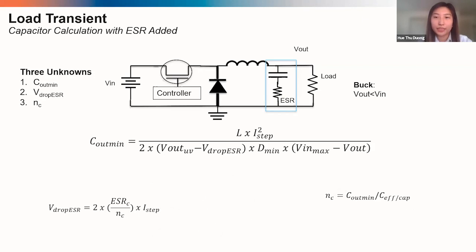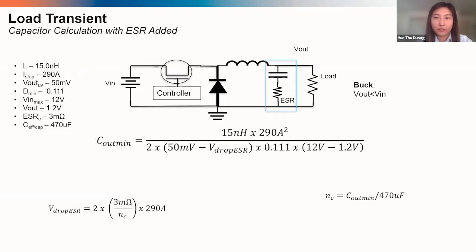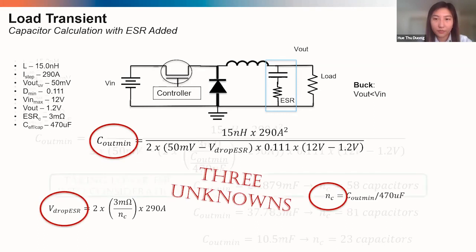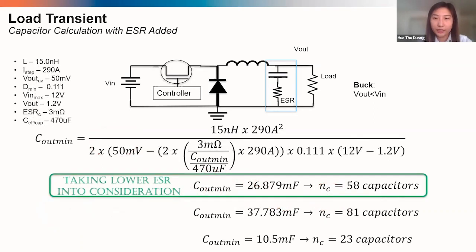And again, we have the same 3 unknowns as the previous example. So plugging in the given values for each variable, we're able to plug the drop ESR and NC into the output capacitance formula here, and that gives us this equation here on top.